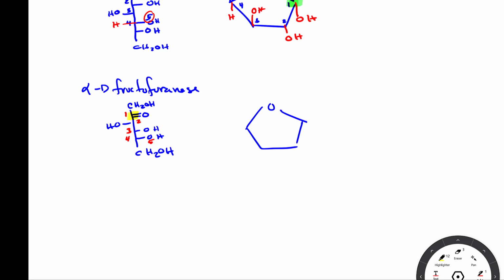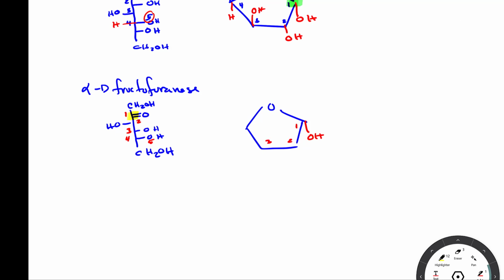And then at carbon number 1, sorry, I'm going to draw 1 again. Carbon number 1, this is your anomeric carbon. And so if I say it's alpha, it's going down. So it'll be going down like this. And again, 2 and 3, sorry. This is 2 and 3. You can still do that same trick.